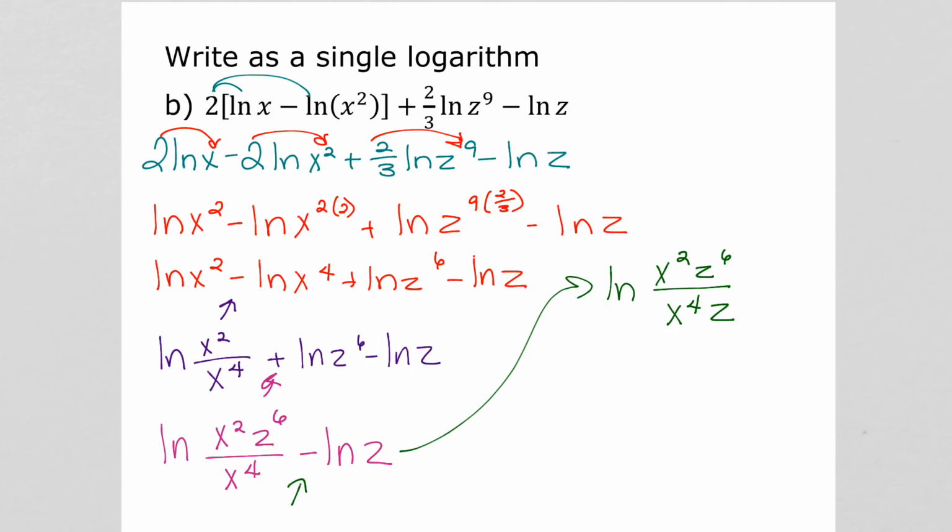So since we've got an x squared on top and an x to the 4th on bottom, all the x's go away on the top, and we're left with 2 on the bottom. And all the z's go away on the bottom, and we're left with z to the 5th on the top. So all this reduced down to this little bit here.